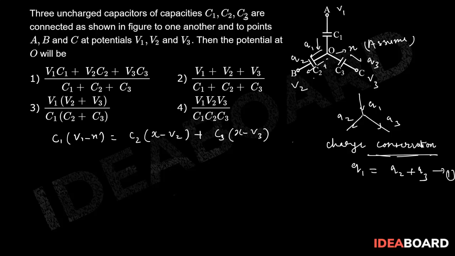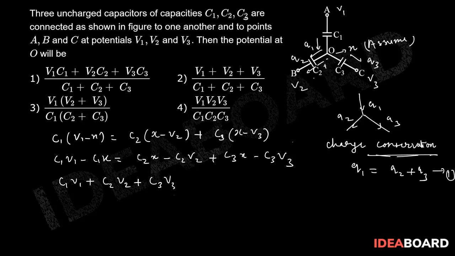What do I get? C1 V1 minus C1 X equals C2 X minus C2 V2 plus C3 X minus C3 V3. Now accumulate C1 V1 plus C2 V2 plus C3 V3 on one side and the X terms on the other, which gives C1 plus C2 plus C3.